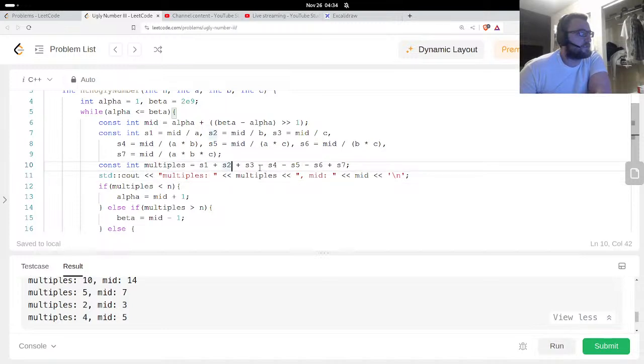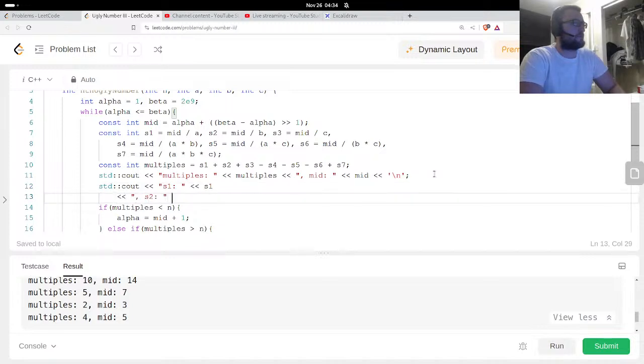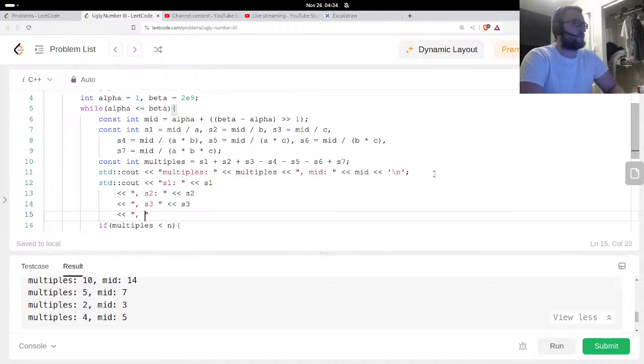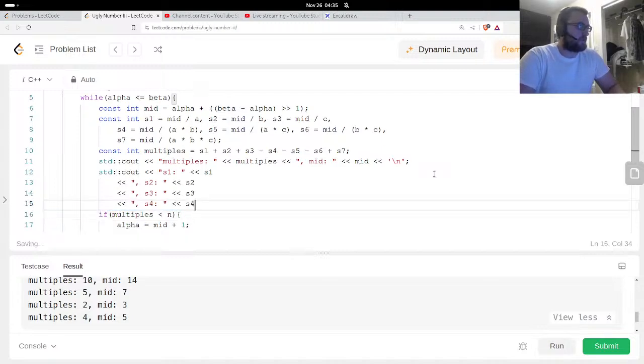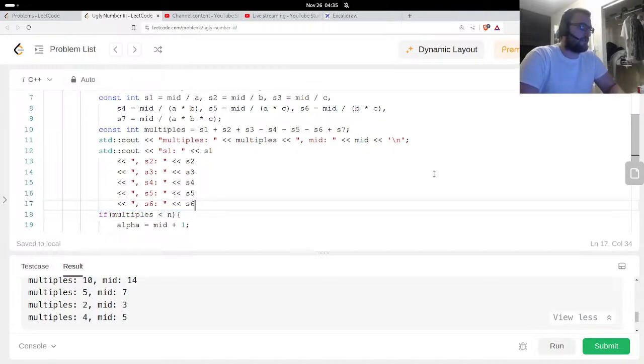Let's see. What are these values? It's 3. It's 4. It's a bit tedious, but this is okay. That's 5. 6. 6. And 7.